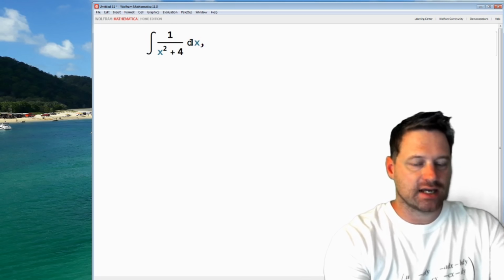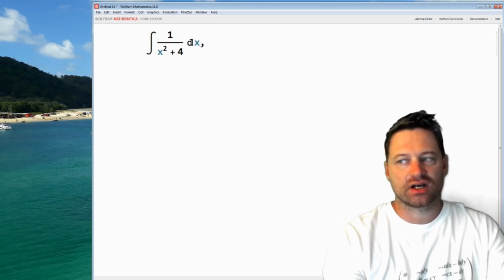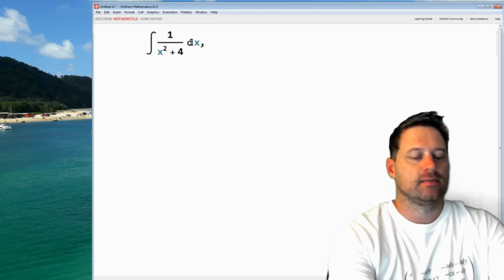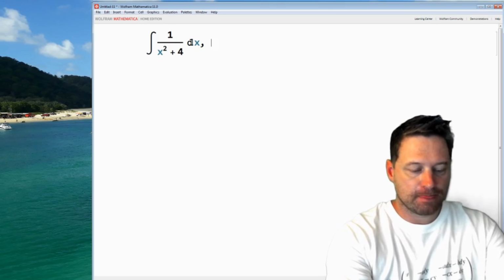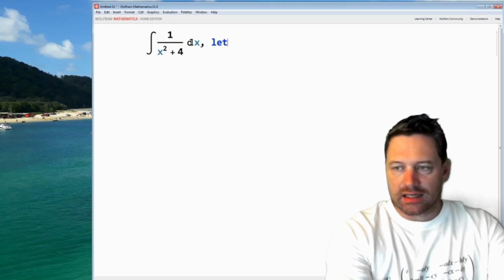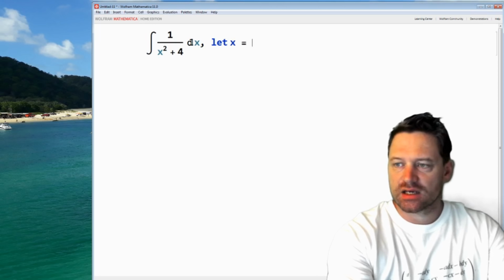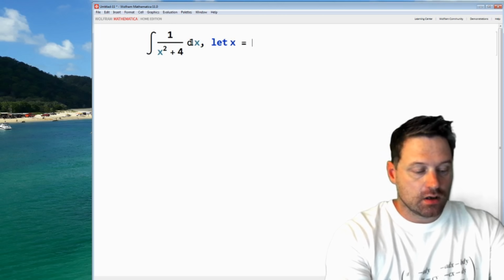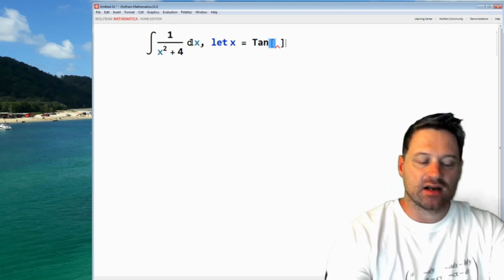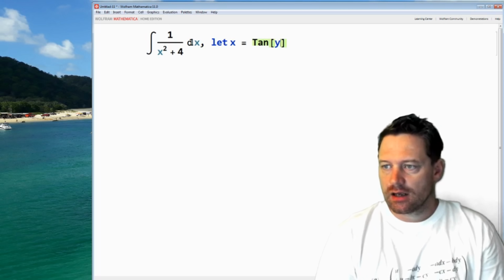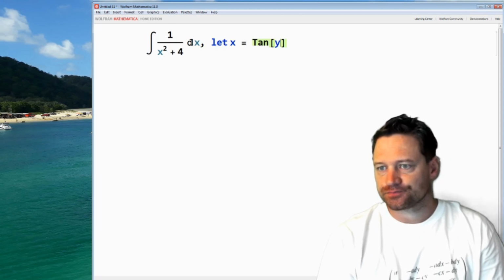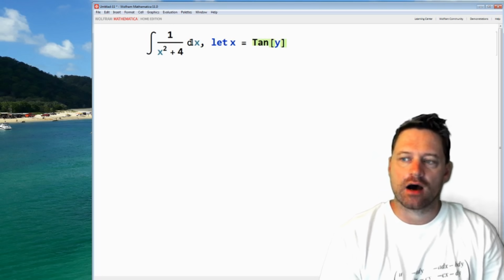Now I'm not going to execute this in Mathematica, I'm just going to let this be one big comment, and then later we'll calculate this in Mathematica. Let x be equal to, so I almost want tan of y, but not quite, right? You've got to think a little bit in advance, like when you're playing chess. How is this going to play out?